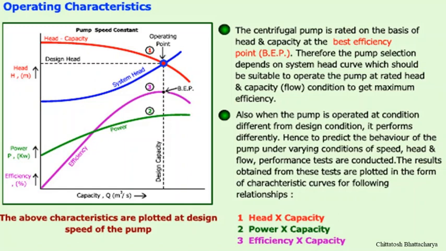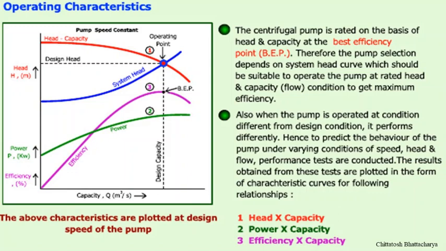And these curves are showing head versus capacity, power versus capacity and efficiency versus capacity, which shows that we must choose the pump in such a way that we can utilize it at maximum efficiency point and utilize it at maximum capacity for the purpose of transfer of fluid.